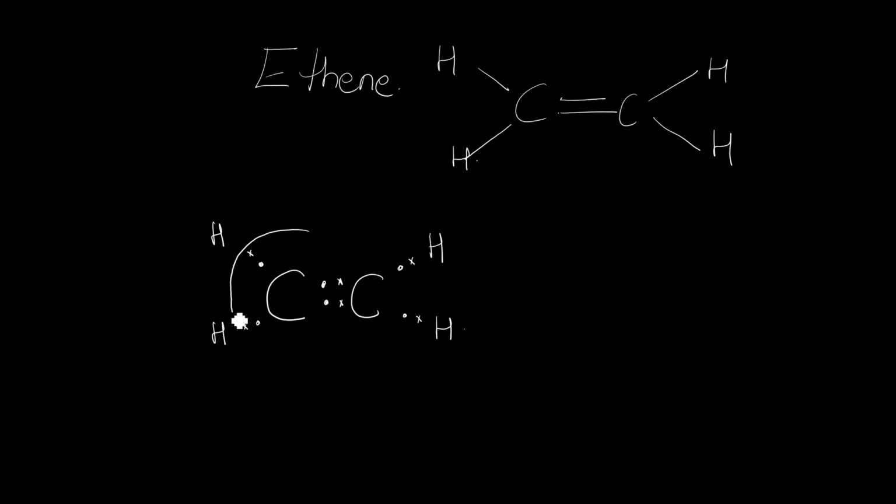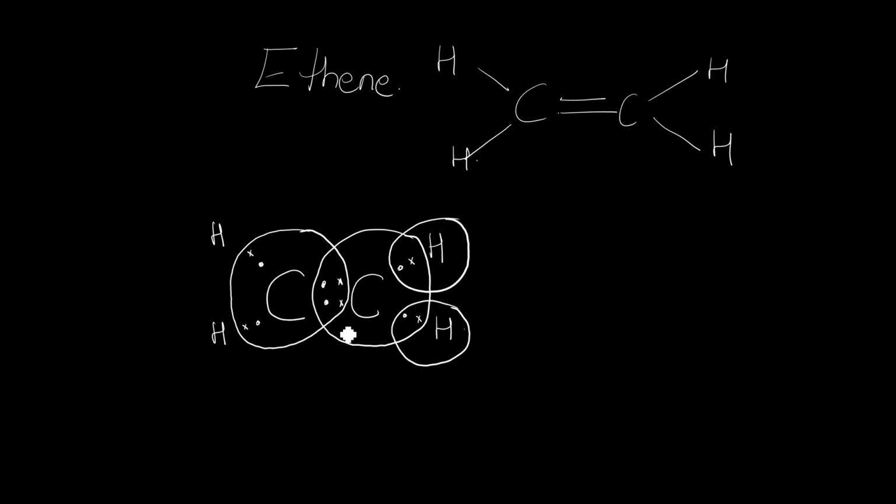Now show the bonds, encircle all the valence electrons. Here also encircle all the valence electrons and show the bond formation between carbon and hydrogen, again and again. Between the two carbons, we have 4 electrons. 4 electrons means we have a double bond.